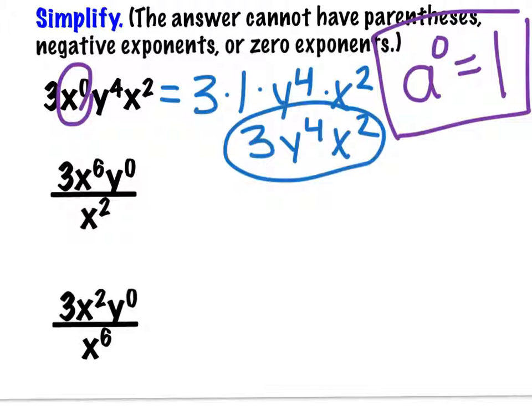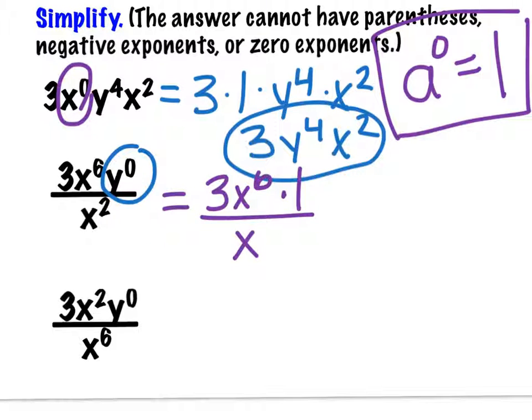If we look at the second one, that same idea is going to happen again. We see y to the 0, and we know that y to the 0 is just equal to 1. So we can rewrite this expression as 3x to the 6th times 1 over x to the second.